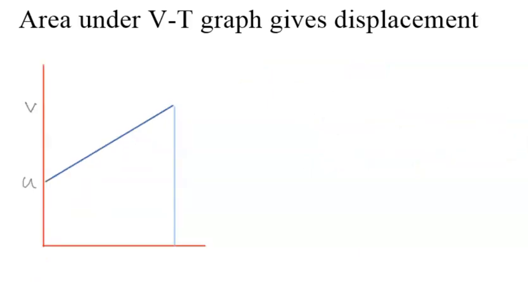Let's now look at this third situation where we have a non-zero initial velocity. We can break this motion graph up into two areas now. We've got area 1, which is a rectangle, and area 2, which is a triangle. So the area is now given by the sum of area 1 plus area 2.